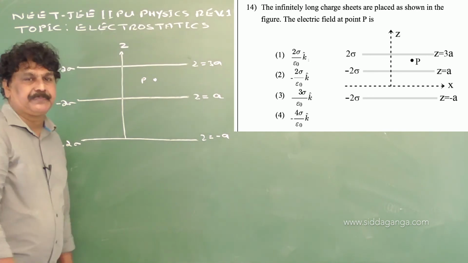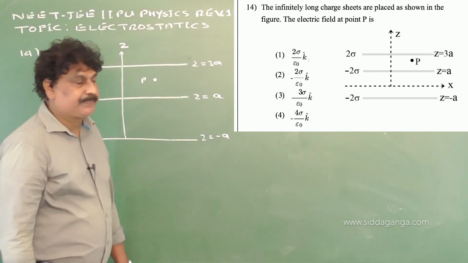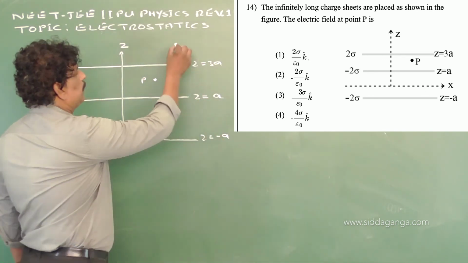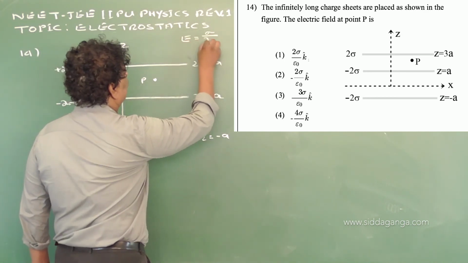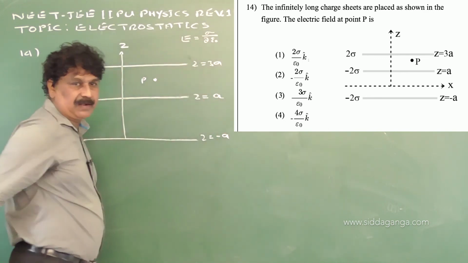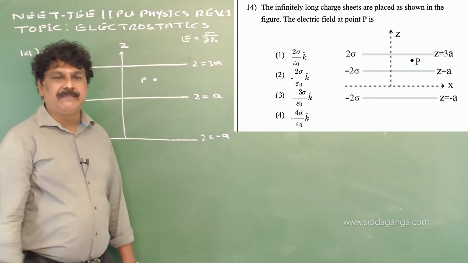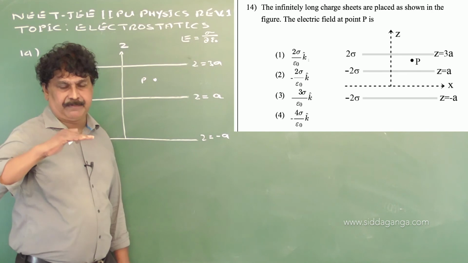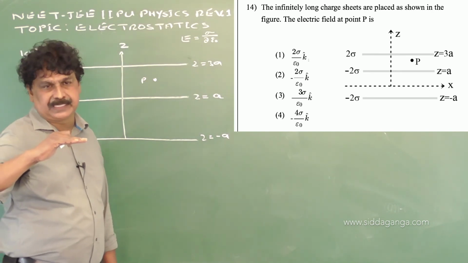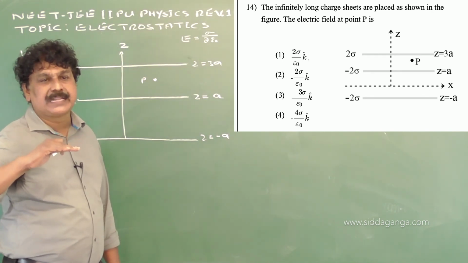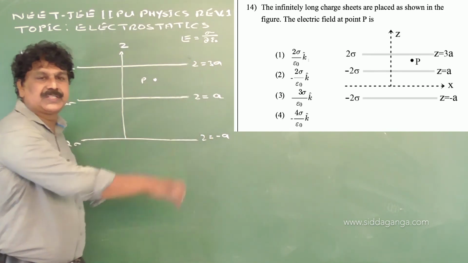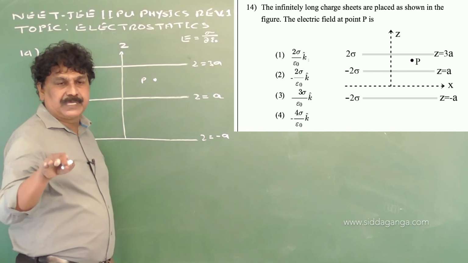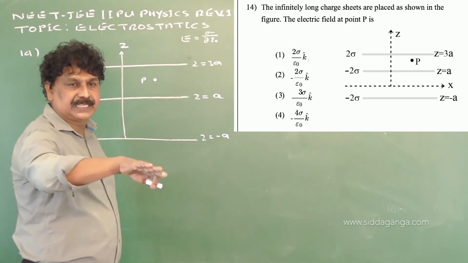Now we know that the electric field at any point due to an infinite charge sheet, E is equal to sigma by 2 epsilon naught, and it is always directed away from positive charge, perpendicular to the surface, and directed towards the negative charge, and it is independent of the distance between the observation point and the charged plate.